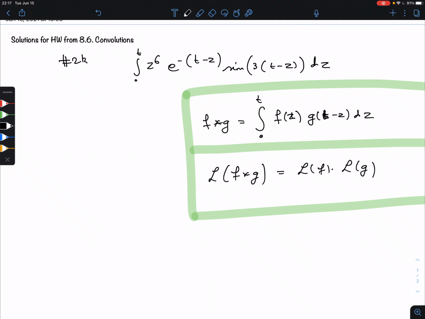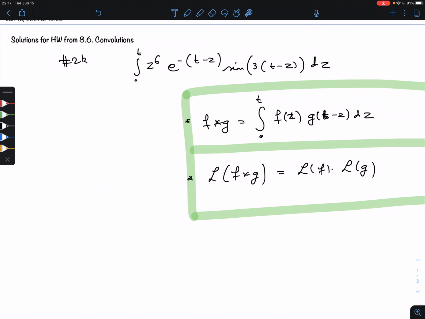The way that we often use it is, well, how are we going to use it here? We're going to use this formula by recognizing that this integral written down there is actually a convolution. So it's an indirect way. We have this integral, and we say, oh, this integral is what convolutions look like. So let's say, what is this the convolution of?